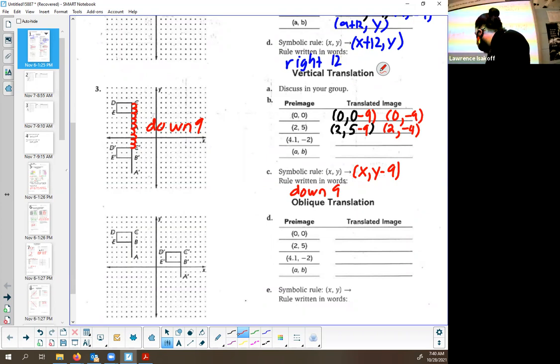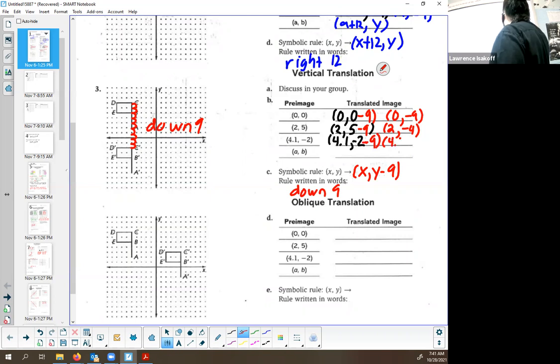Don't freak out. Same thing. X goes untouched, so that says 4.1, comma, then it says negative 2. Now I need to take 9 away from that. What's negative 2 minus 9? Negative 11 indeed. So it will be 4.1, comma, negative 11.